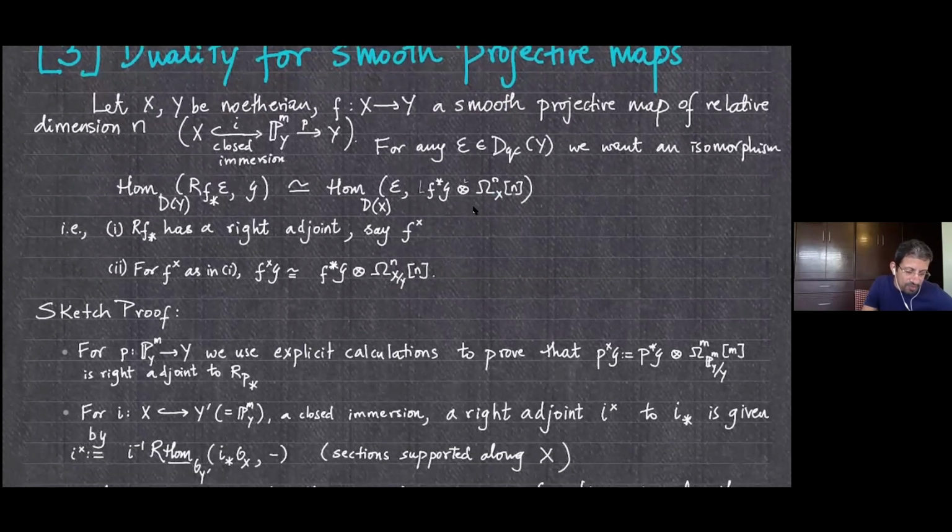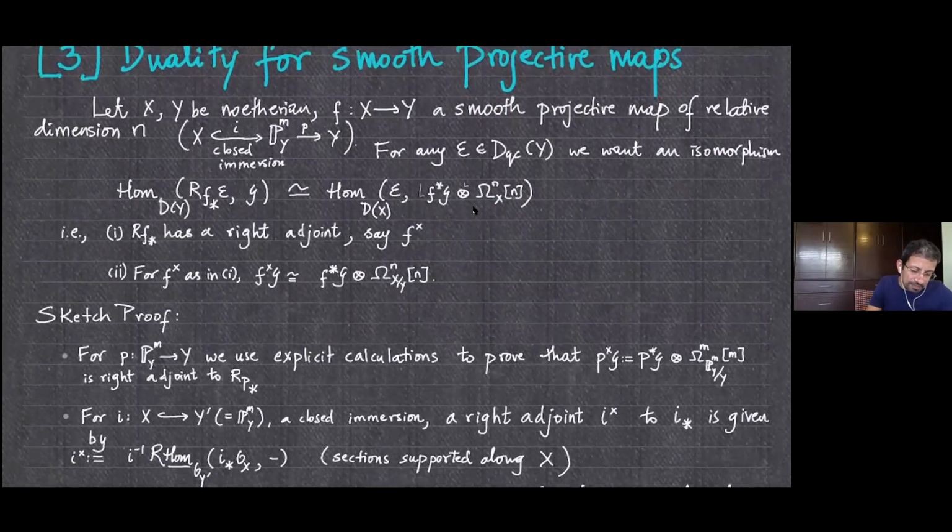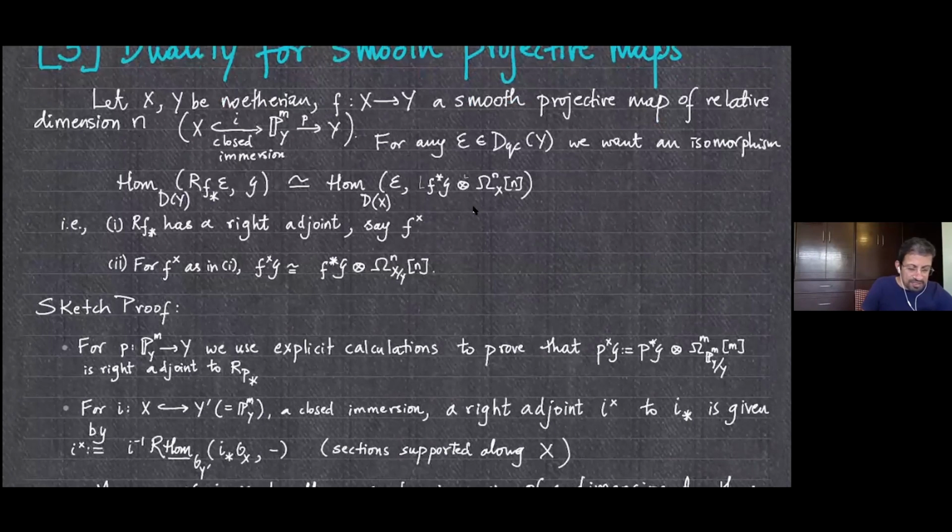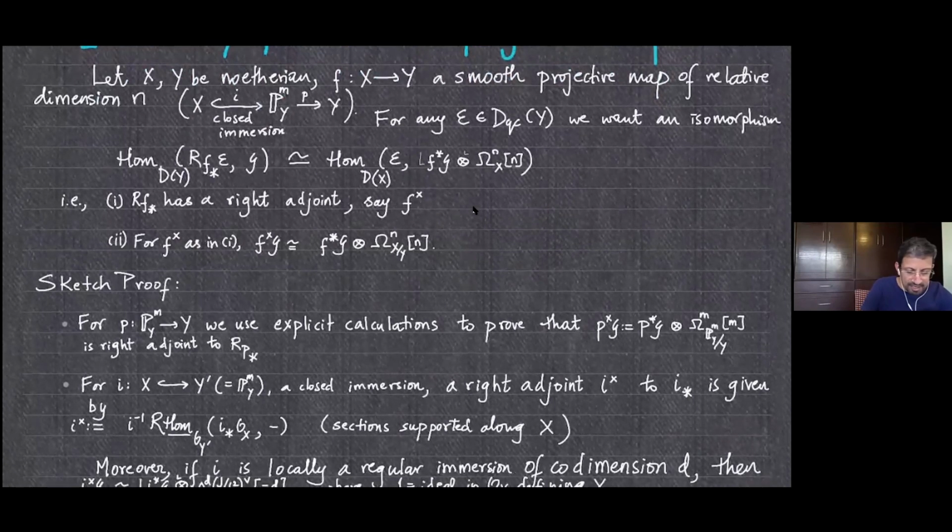And this is how one proves it. This is pretty much how, for example, it is given in Hartshorne's textbook in algebraic geometry, though it's not a derived version, but it's the same idea. So for relative projective space like this, one uses explicit calculations to check that this is right adjoint to this. This is just based on interpreting those things and upgrading it.